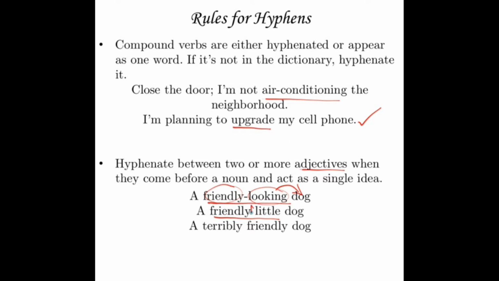In this case, little describes dog and friendly describes dog. You could say it's a friendly dog and it's a little dog. If you can put and in the middle, don't hyphenate it. A terribly friendly dog, on the other hand, well, friendly is an adjective describing dog, but terribly is an adverb modifying friendly, so you don't hyphenate that.